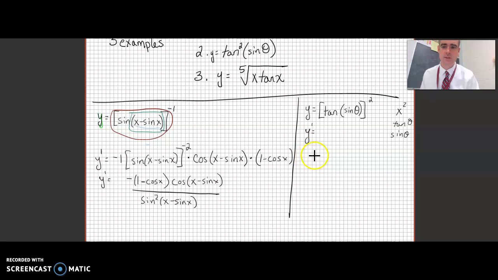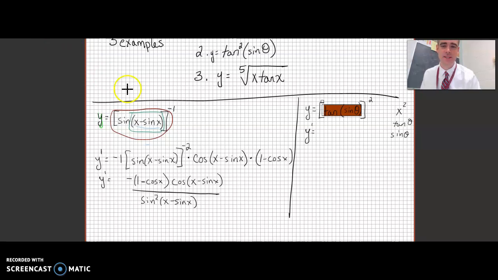One way to think about this is if I asked you to take the derivative of that whole box squared, that would be 2 times that whole box to the first power, wouldn't it?